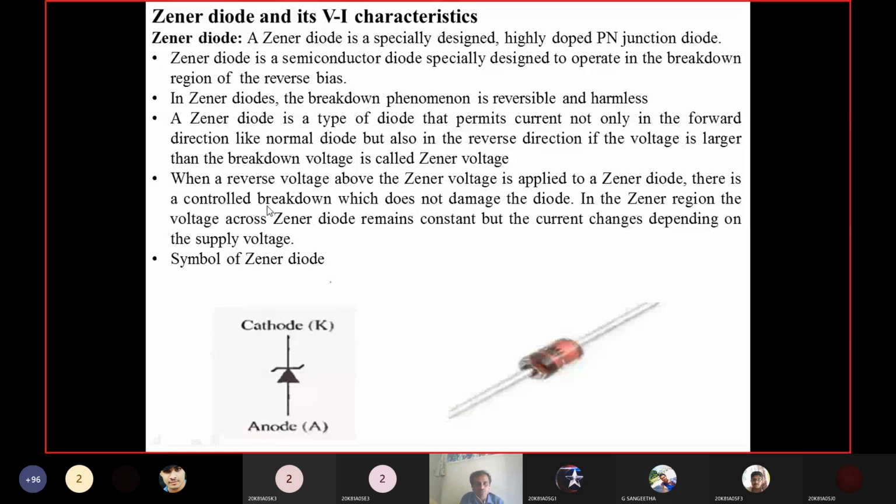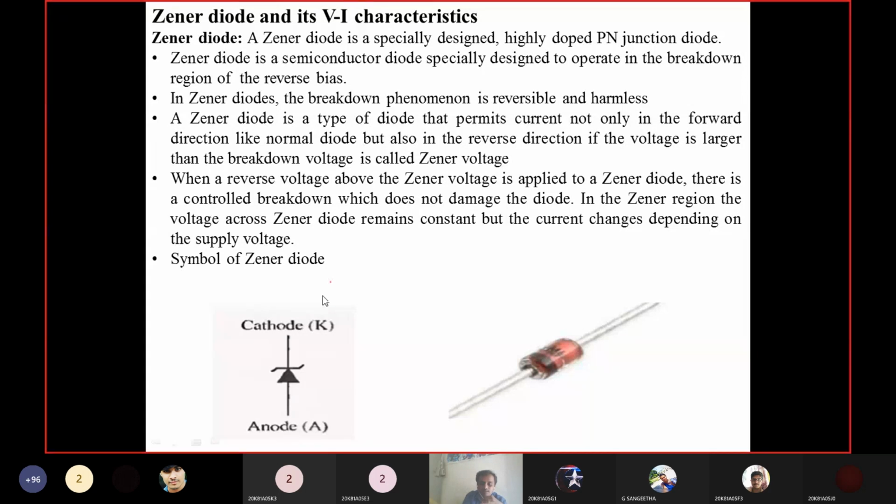So when a reverse voltage above the Zener voltage is applied to a Zener diode, there is a controlled breakdown which does not damage the diode. In the Zener region, the voltage across the Zener diode remains constant, but the current changes depending on the supply voltage.